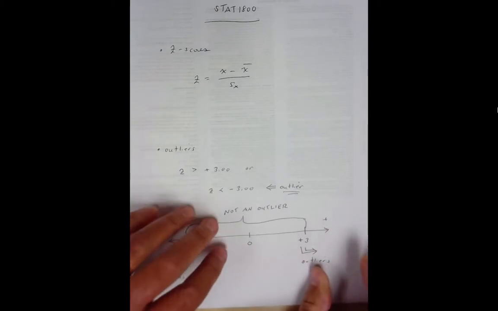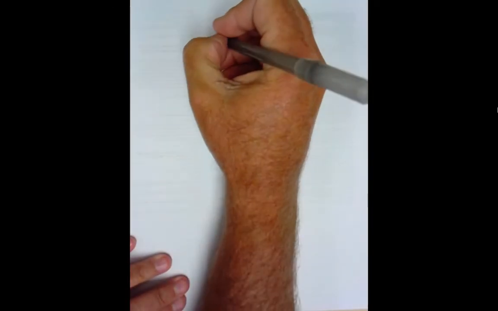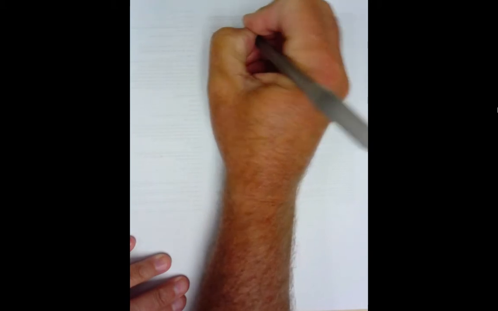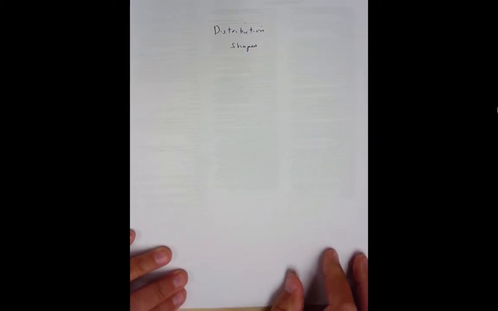Now, one more thing before I link into the video. This textbook, at least for now, talks about distribution shapes. And I kind of like the way that the author defines this, because he does so numerically.